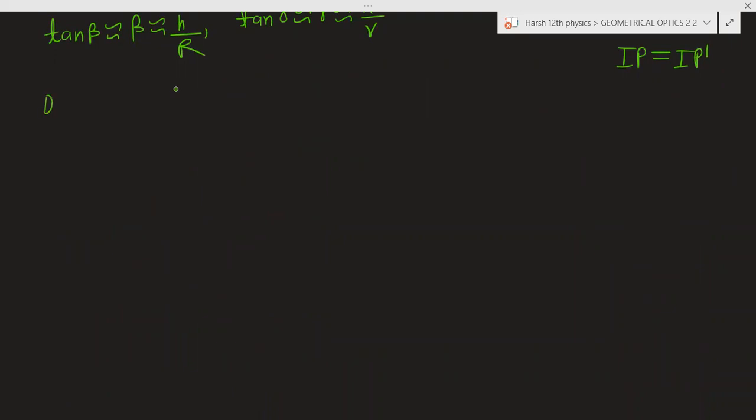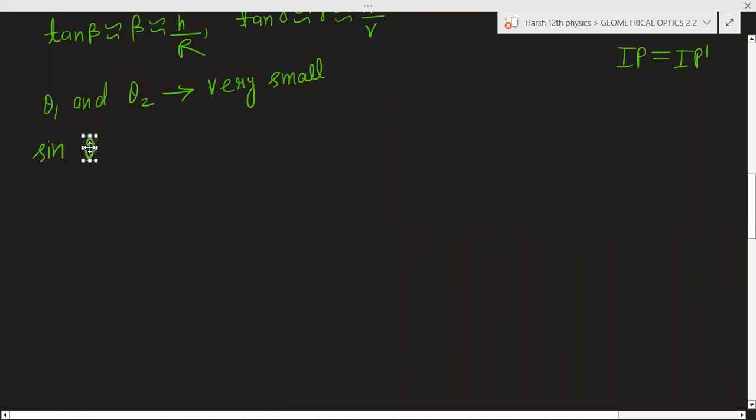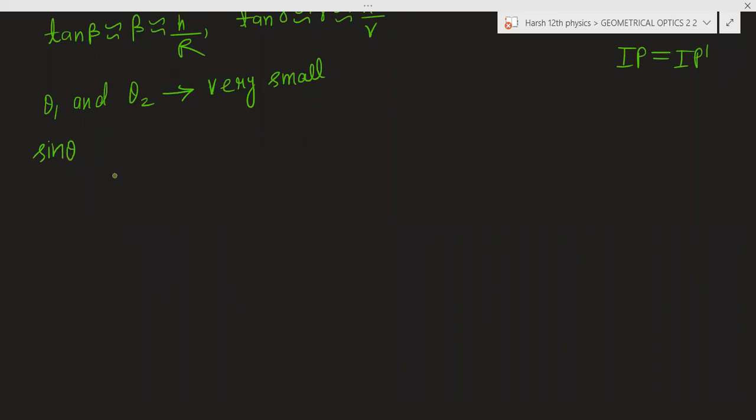If theta 1 and theta 2 are very, very small, then sine of theta 1 can be approximately written as theta 1, and sine of theta 2 is approximately equal to theta 2 only.